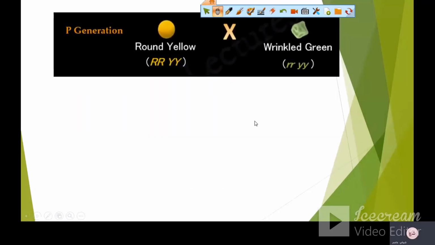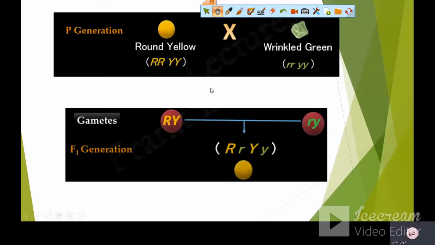So suppose they are the parents. Let's get the gametes. I got the gametes from the parents: R capital, Y capital, and here R small, Y small. So the first generation will be R capital, R small, Y capital, Y small.